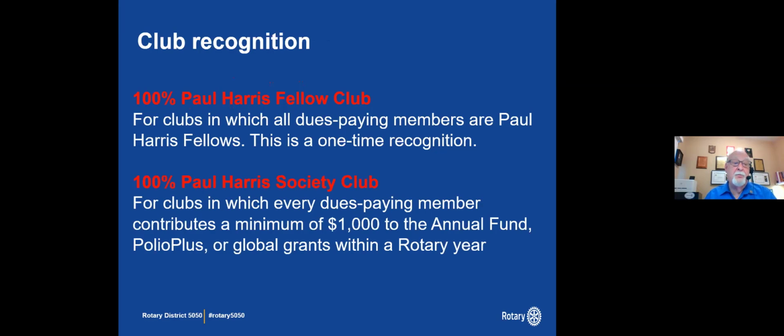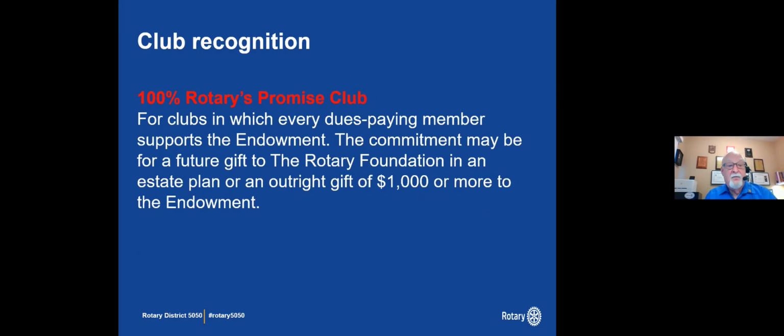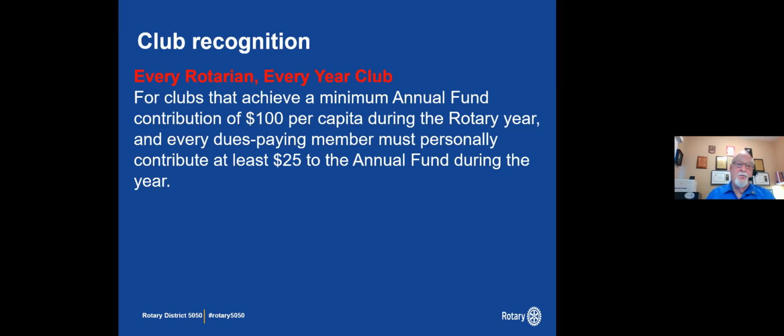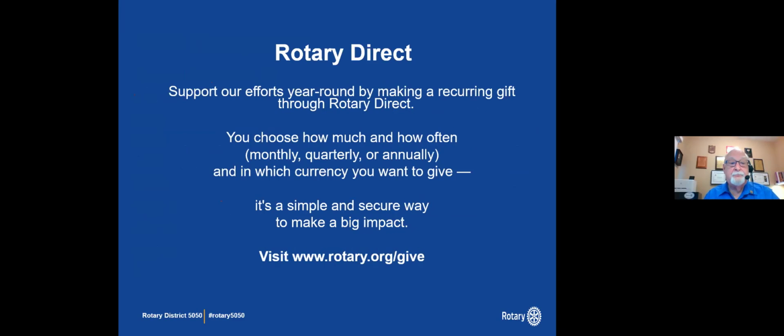Paul Harris Fellow, Paul Harris Society Club, Foundation Giving, Rotary Promise Club, Every Rotarian Every Year Club, and then the top 3 per capita in annual fund giving. So all these are in there. And again, like I say, print this stuff off. It's very easy. It prints off on a page and take it with you to your club. Somebody asks, you can have the answer, because I know I can't come up with the answers all the time.